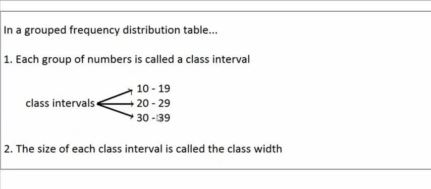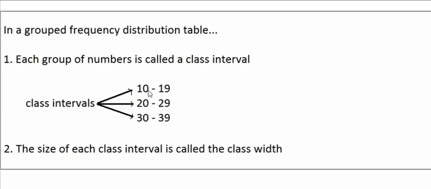So this table has a class width of 10 because each interval covers 10 numbers. It might seem like each interval covers 9 numbers, but it's actually 10 because between 10 and 19, you have 10, and then 11, 12, 13, 14, 15, 16, 17, 18, 19.